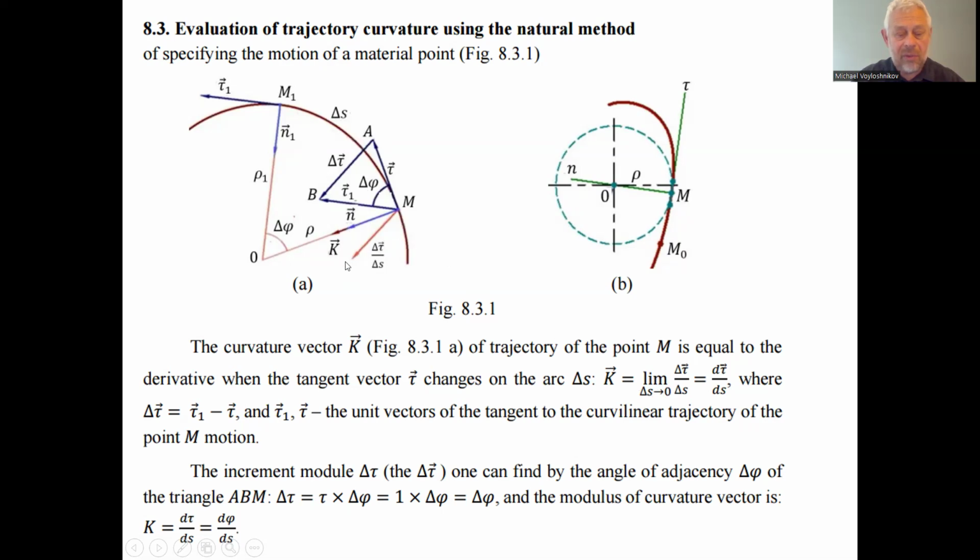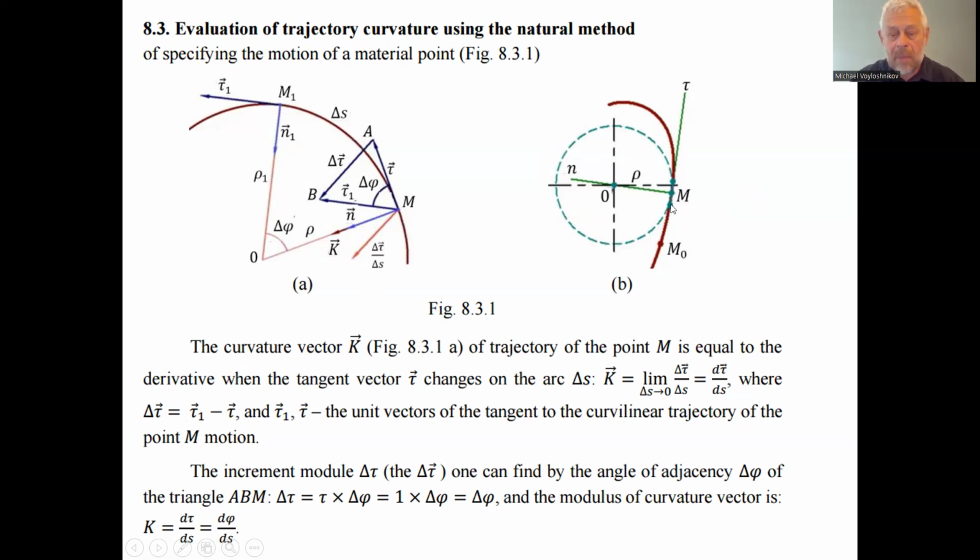I mean, the direction of the vector of the curvature coincides with the main normal vector, toward the center of the rotation, if we reduce almost to zero the delta S increment of the arch. So this part of the arch we can consider a segment of the circle. This is a curvature concept, and this is a circle of the curvature.